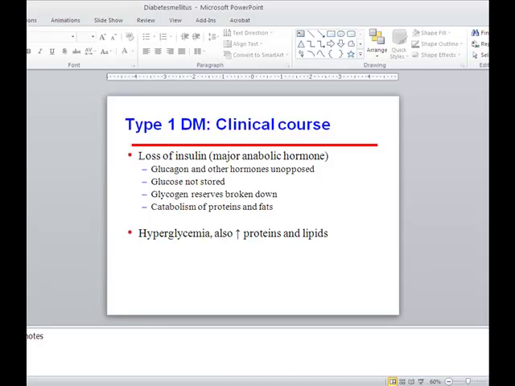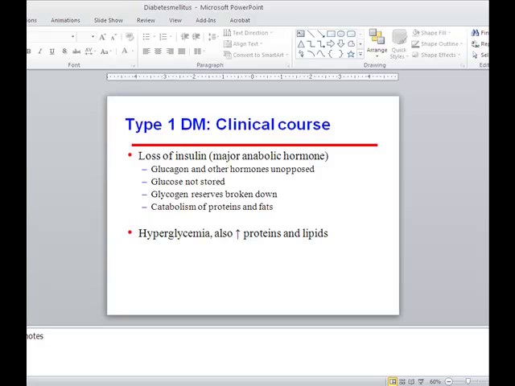Once it's not moved, it's not stored, or if it is moved, the enzymes are not sufficiently activated to convert it to glycogen. On the other hand, insulin normally inhibits the enzymes that promote the breakdown of glycogen, and lack of that effect means even some of the stored glycogen ends up being broken down.